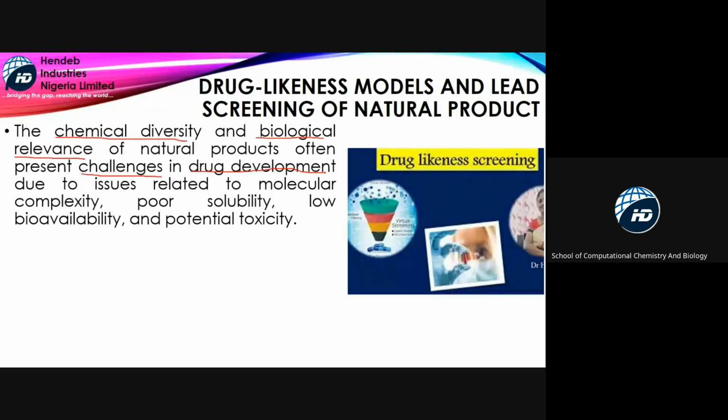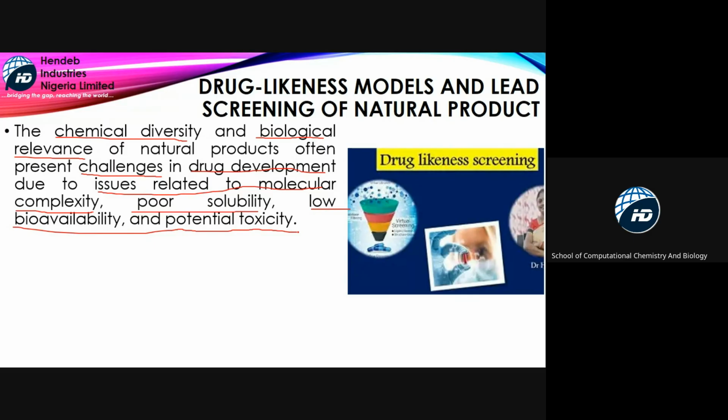Because of that diversity, and the diversity also in biological relevance, these natural products often present challenges in drug development due to issues related to their molecular complexity, poor solubility, low bioavailability and potential toxicity.